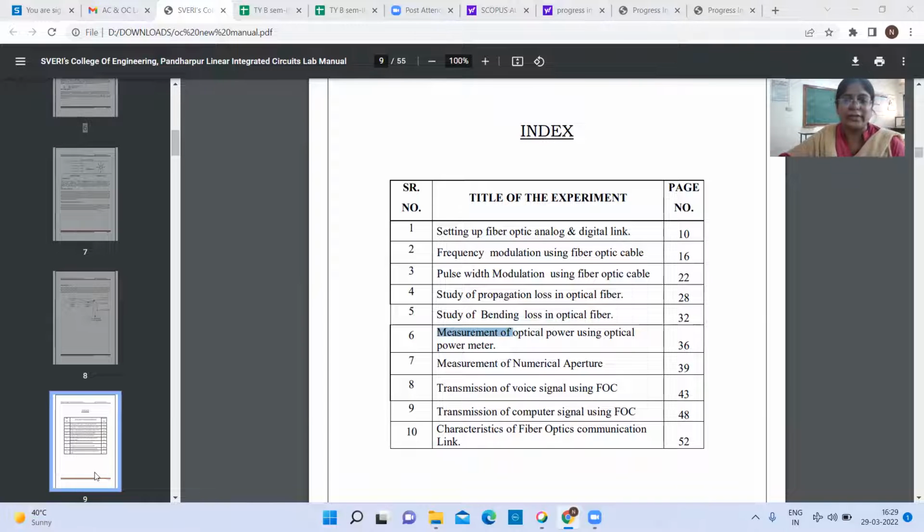So I will show you one device which is called an optical power meter. Like a multimeter, on which we measure current and voltage, similarly the optical power meter is the device on which we can measure the optical power. So that is experiment number 6. I will just show you that device.